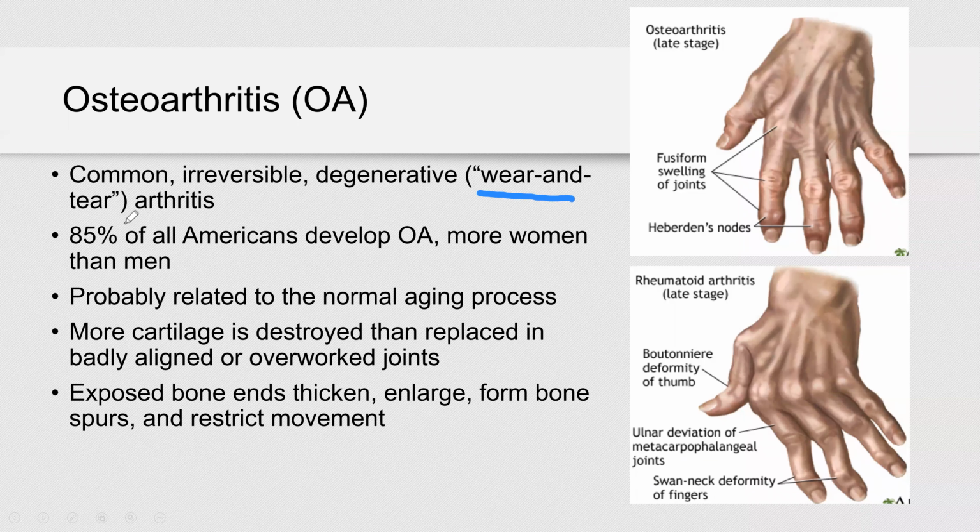It's called wear and tear arthritis, and it's believed to be related to the normal aging process. About 85% of all Americans will develop osteoarthritis at some point in their life, usually late in life, because it's wear and tear. It's more common in women than men.